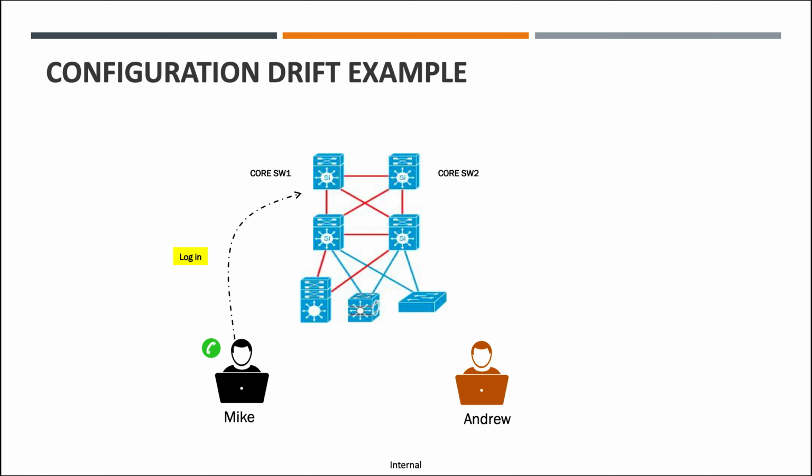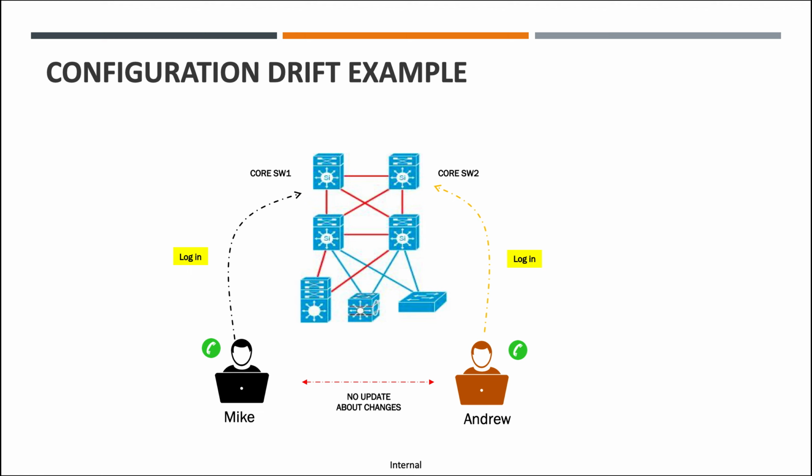The same day, Andrew receives a call regarding another issue on core switch 2 regarding a different problem. He logs in and modifies some configuration on core switch 2 or troubleshoots and solves the problem. But due to some urgent tasks that followed, they forget to update the resolution and they forget to update each other regarding the changes done.